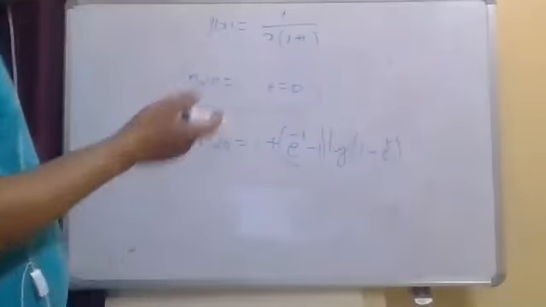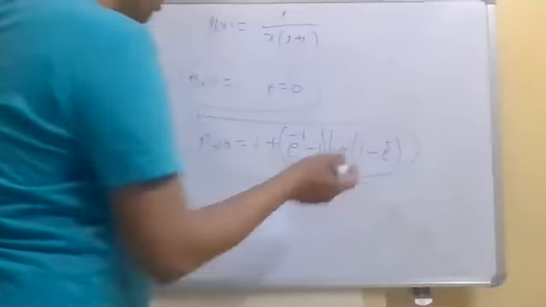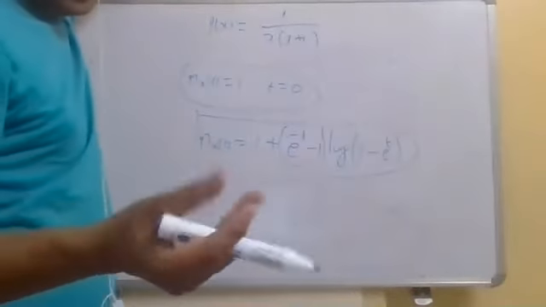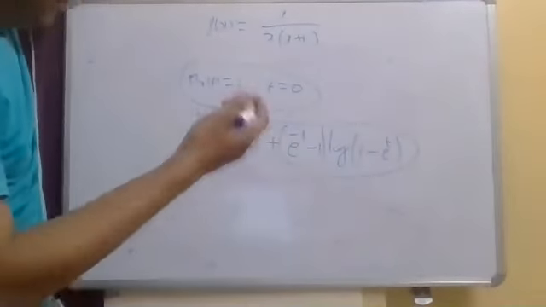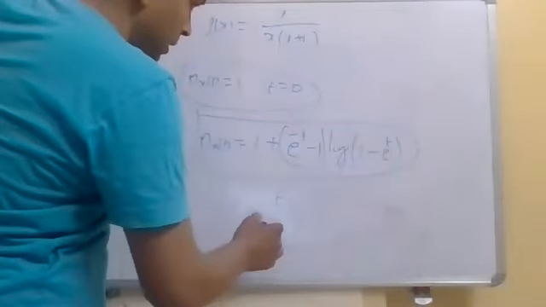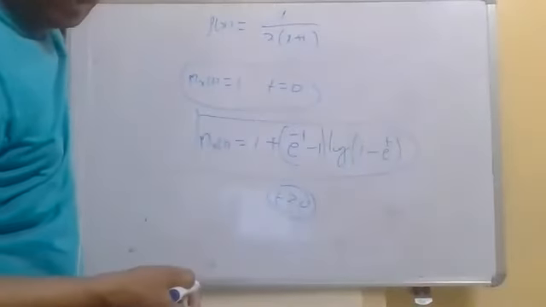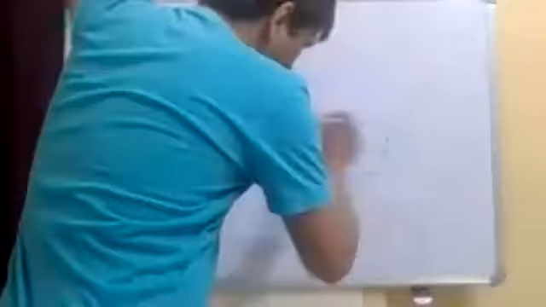This is the final value when we integrate or take the expectation of f(x). From this you can see easily: if t is greater than 0, this will be more than 1, and you know that a log argument should not be negative.